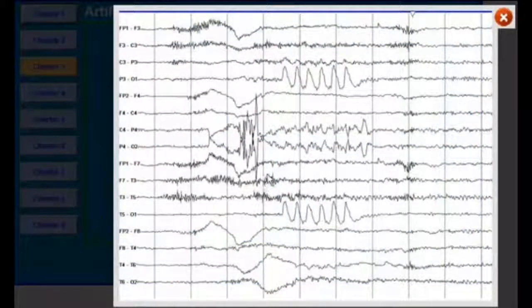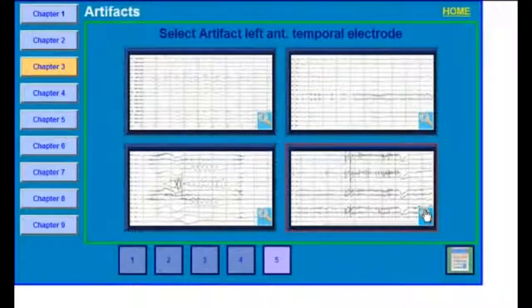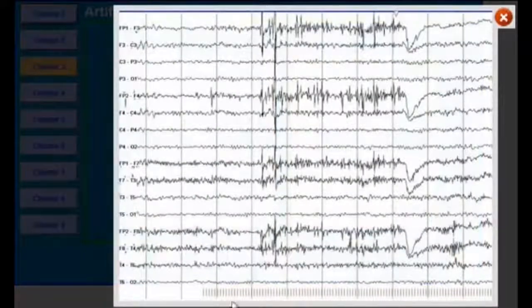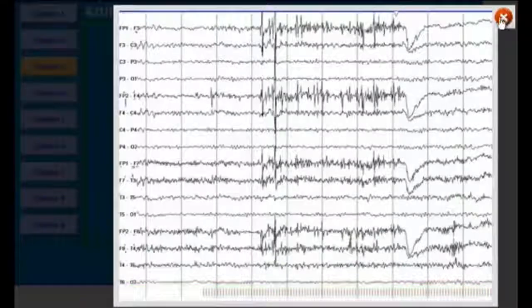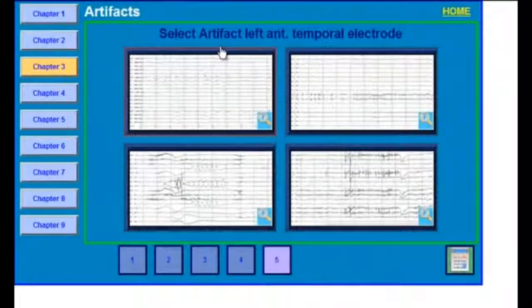You have muscle artifact, and we've discussed this. This is artifact, so you don't see any epileptiform activity here. And this, in fact, is photic stimulation going on here. You have the muscle artifact, and you have eye blink artifact. So the question, select artifact left anterior temporal electrode. Left anterior temporal electrode would be F7, so this should be the right answer.